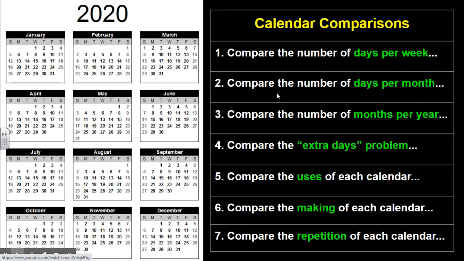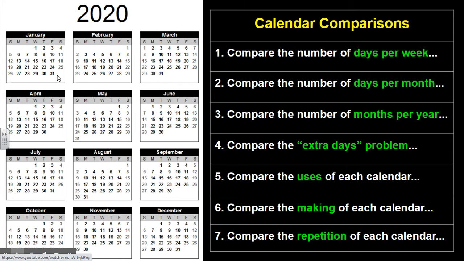All right, number 2, compare the number of days per month. See if you remember, how many days do they have in every month? They had 20. Okay. Now, this comparison's a little different because if you guys know, do we have a specific set number of days per month? We do not. And you guys can look over here.